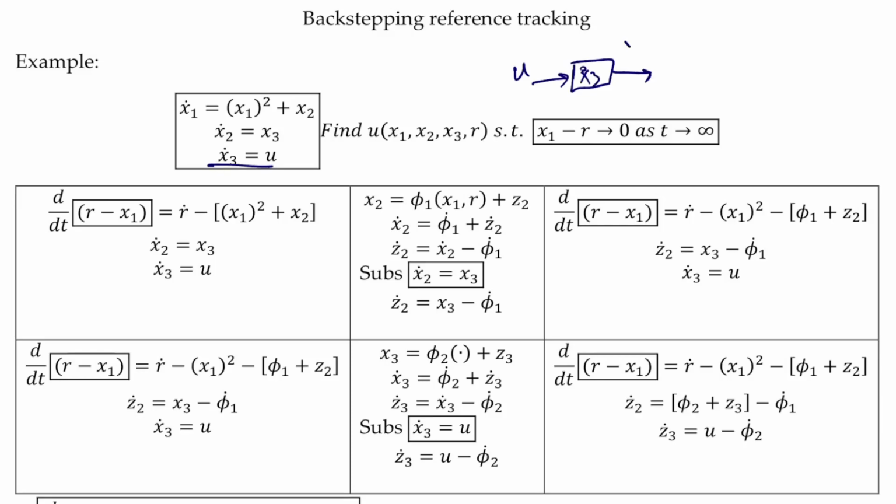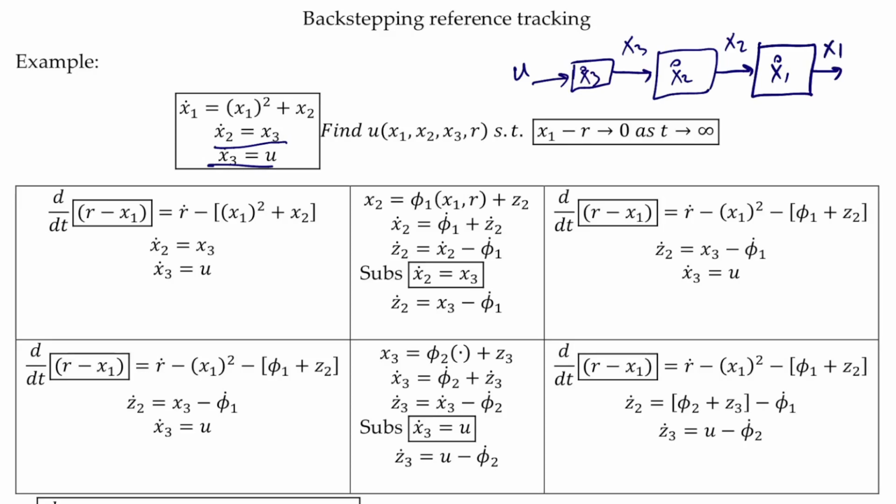The x3 dynamics will produce the x3 signal, the third state, and the x3 signal will be the input to the x2 dynamics. The x2 dynamics produces the x2 signal, and this x2 signal will be the input of the x1 dynamics, and it will produce the x1 signal. This was the regulation problem.